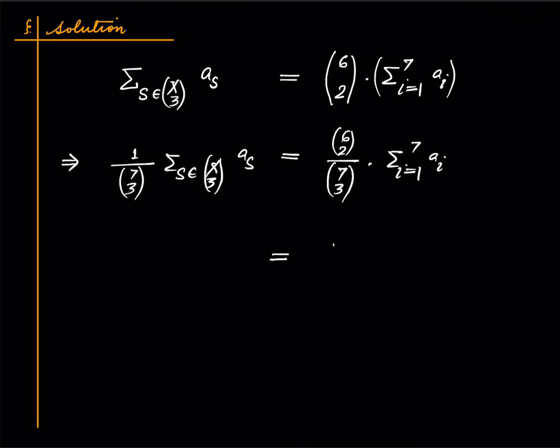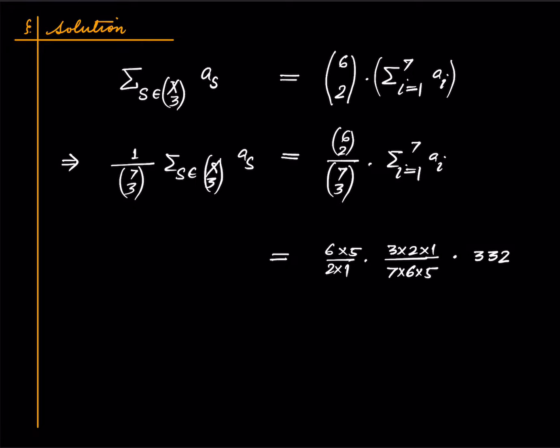So let me just calculate. 6 choose 2 is 6 into 5 by 2. And 7 choose 3 would give me 3 into 2 into 1, divided by, let me put a 1 here also because that looks better, and divided by 7 into 6 into 5. So I'm just doing some basic high school level algebra.